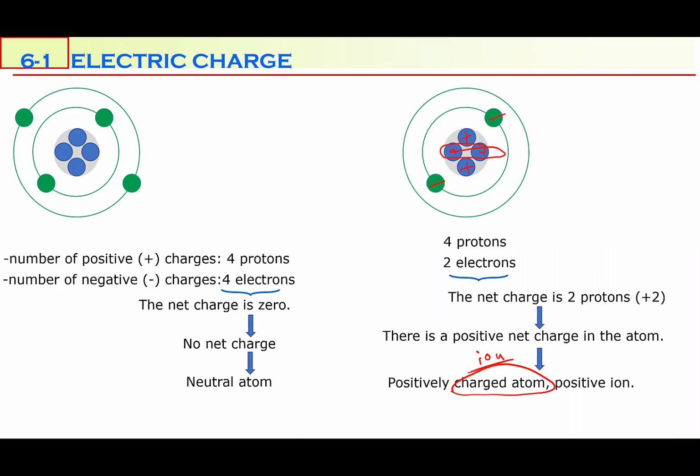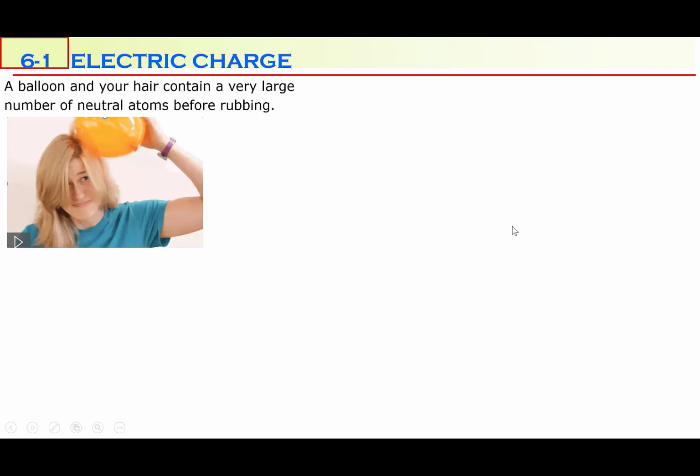Atoms are charged positively and negatively, and as a result, materials are charged positively and negatively. Now we are going to take a closer look at rubbing a balloon with your hair. What happens in here? Now we will look from the perspective of the atoms.